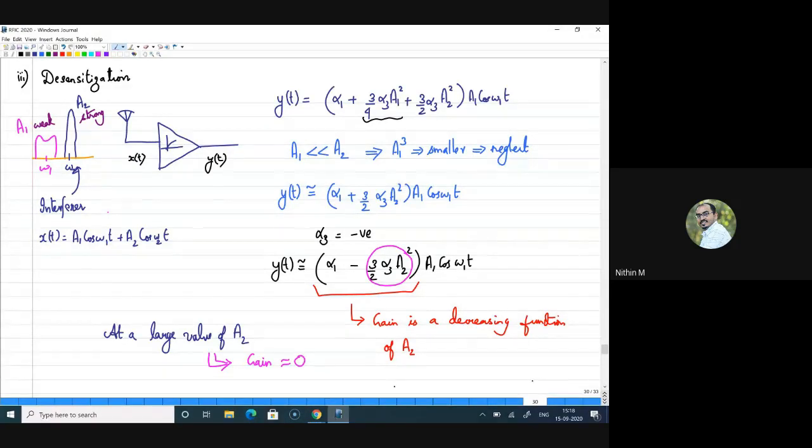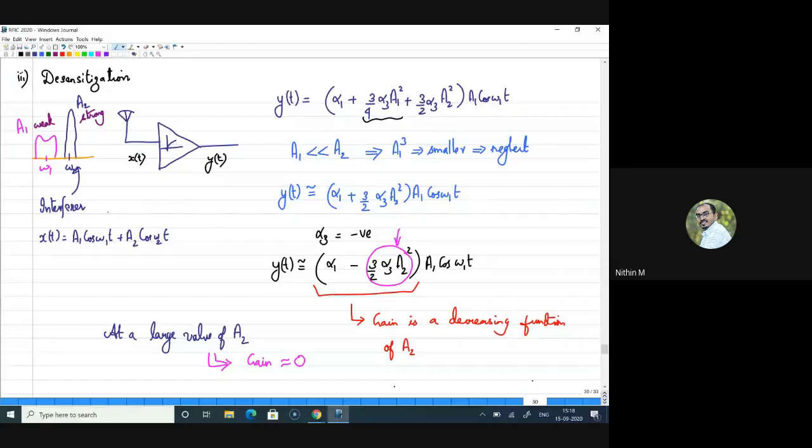Whenever the term marked here becomes equal to the fundamental gain term alpha 1, the entire gain of the system can be reduced down to 0.